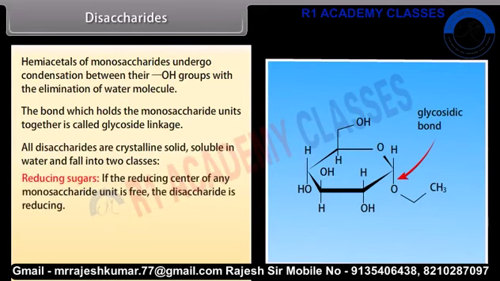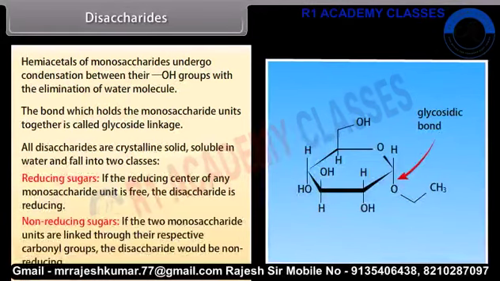Reducing sugars: if the reducing center of any monosaccharide unit is free, the disaccharide is reducing. And non-reducing sugars: if the 2 monosaccharide units are linked through their respective carbonyl groups, the disaccharide is non-reducing.